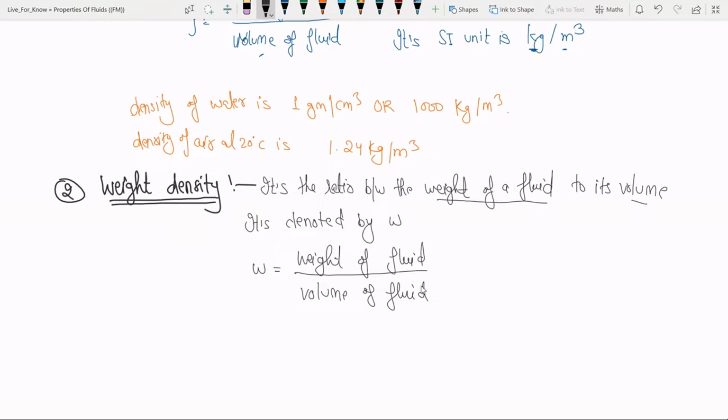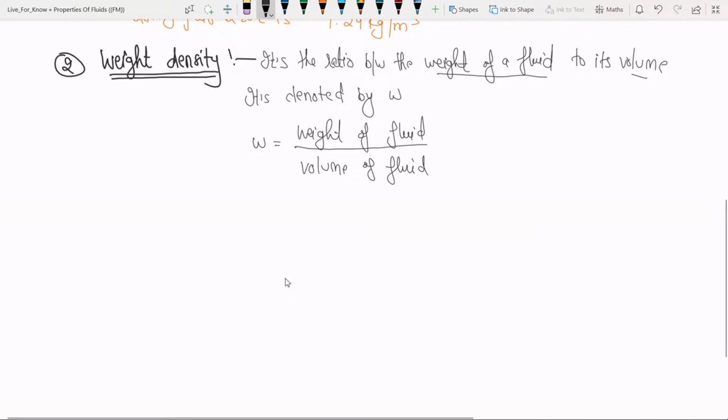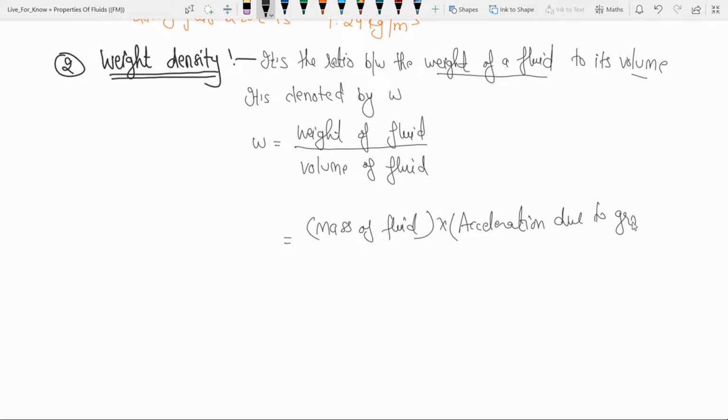So from here we also write it as weight of fluid is equal to mass of fluid into acceleration due to gravity, that is g, divided by volume of fluid.